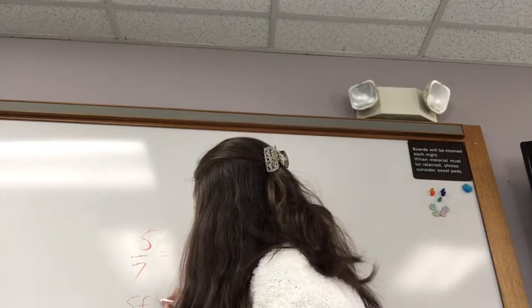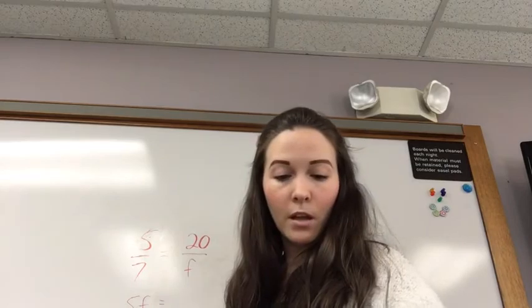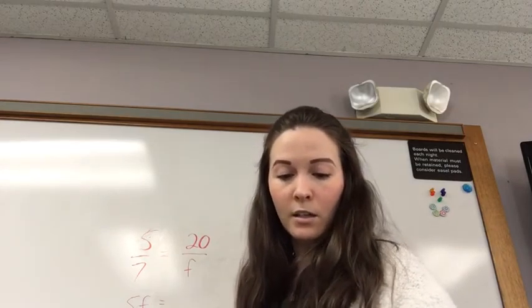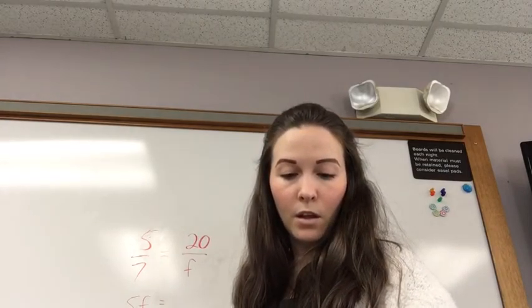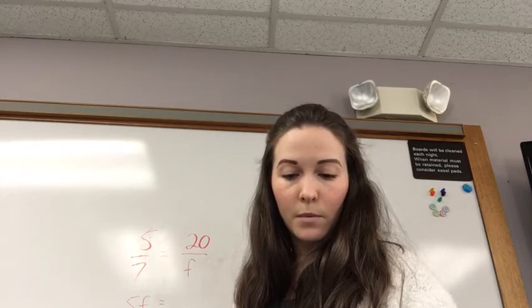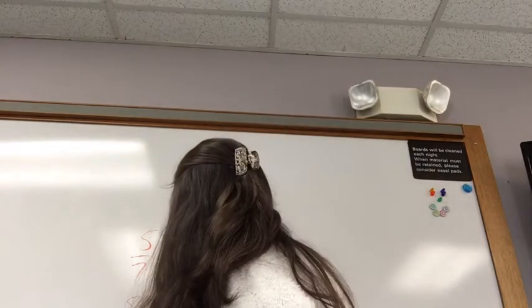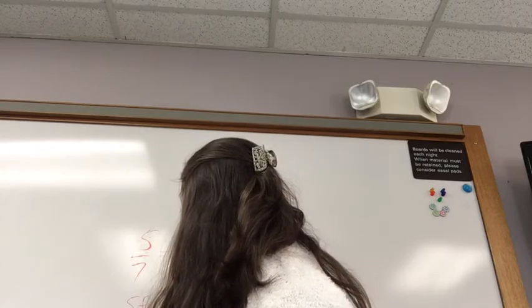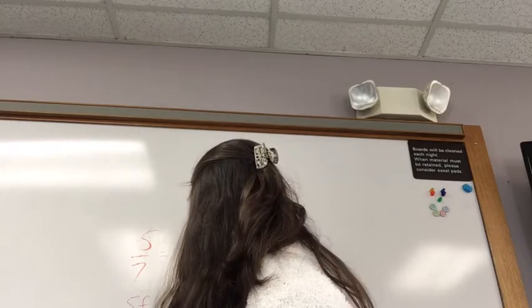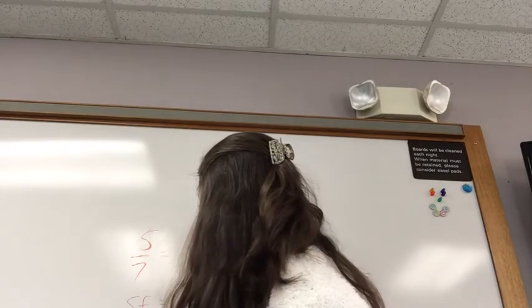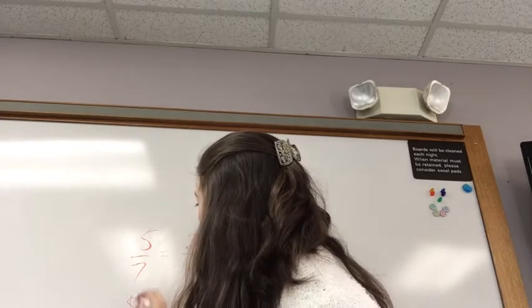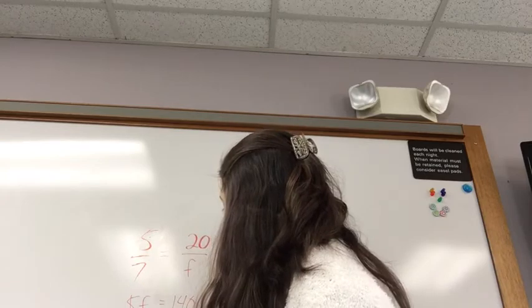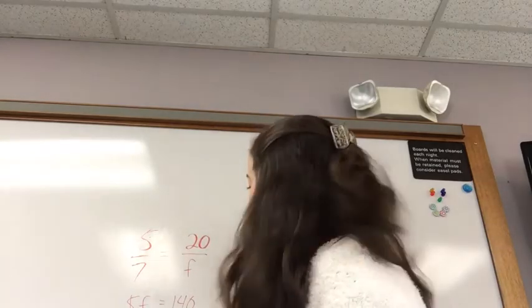Multiply 7 and 20, and we get 140. Divide 5F by 5 and 140 by 5. Cancel out our 5s.